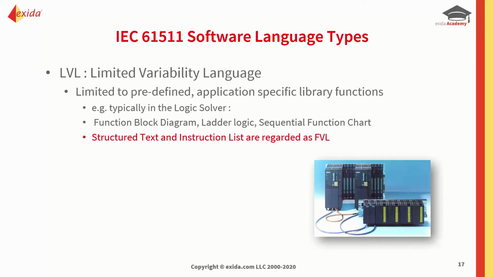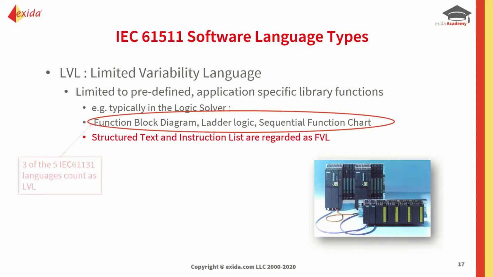But when it comes to LVL, these are the ones that count as LVL itself. So function block diagram, which is probably the most common, ladder logic and sequential function chart. The other 2 are regarded as being full variability language, or FVL. And that's the third language that 1511 identifies.